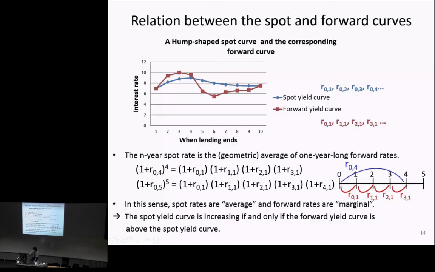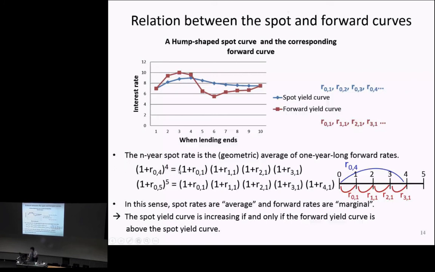You can also sign a sequence of 4 one-year-long forward contracts, and then your money will increase first by 1 + R01, then by 1 + R11, then by 1 + R21, and so on. Again, by no-arbitrage argument, these two should give you the same return. That's why we have equality here.